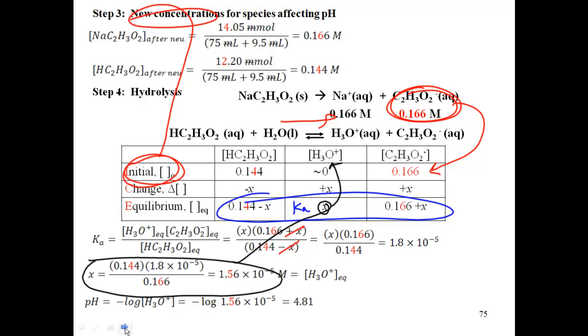Since the molecular species is an acid, I would expect my pH to be on the acidic side. Now, the ultimate goal of this problem was for us to determine how much the pH changed. But before I get to that, I wanted to bring up a point. A lot of times in books, instead of doing this on a concentration basis, they will do it on a millimole basis, as a mole basis.